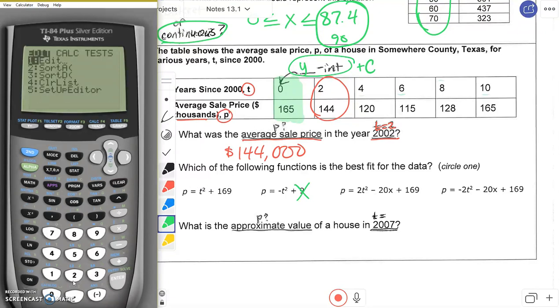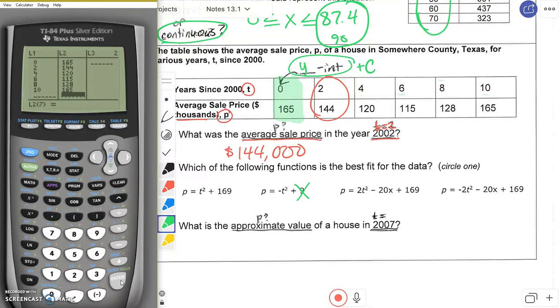So I'm going to stat, edit, and I'm putting in my new numbers. So up, clear, enter, and then go over, up, clear, enter, and I can put in my new stuff. 2, 0, 2, 4, 6, 8, 10, then 165, 144, 120, 115, 128, and 165 again.